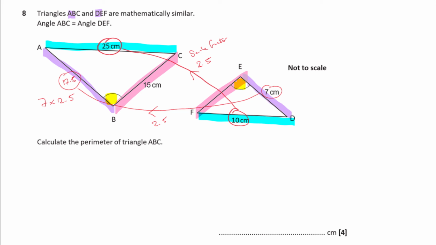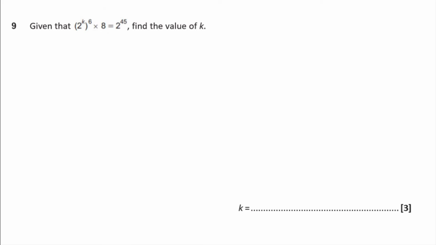So then the perimeter of triangle ABC is going to be the 25 plus the 15 plus the 17.5, isn't it? Okay, what does that come to? 25 and 15 is 40. 57.5 seems reasonable to me. 57.5.